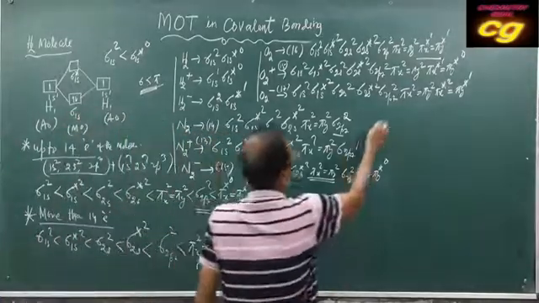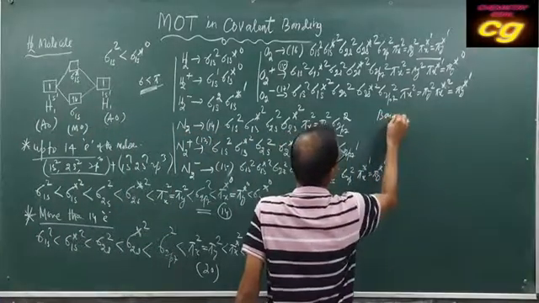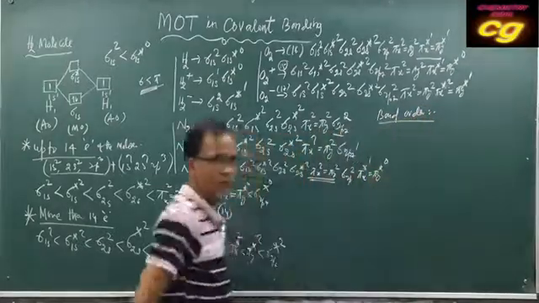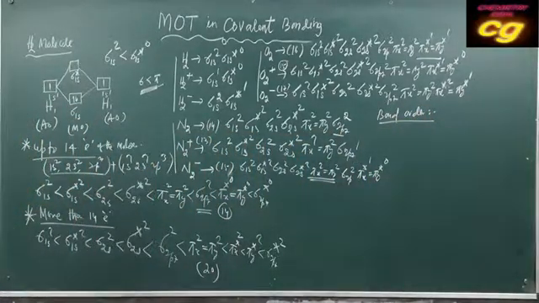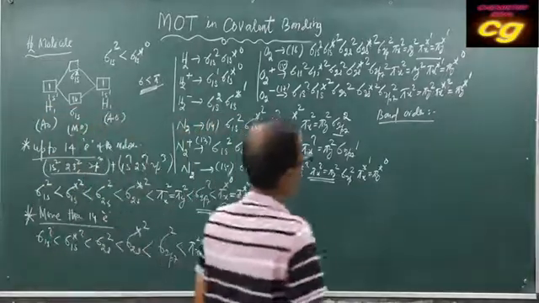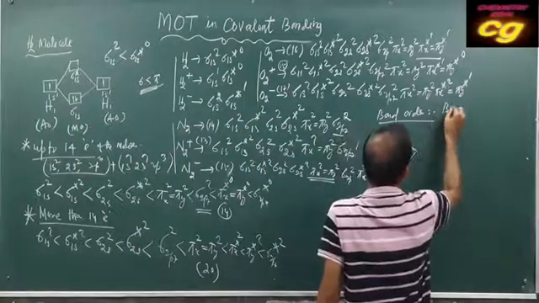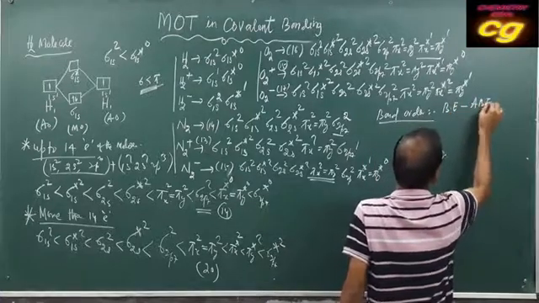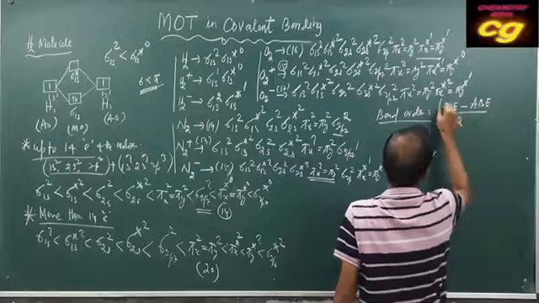Then we will see the bond order. You see, bond order of any molecule or a particular bond is total bonding electrons minus antibonding electrons by 2. This is the formula.